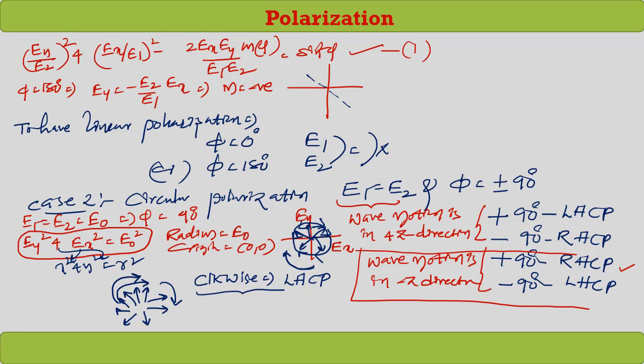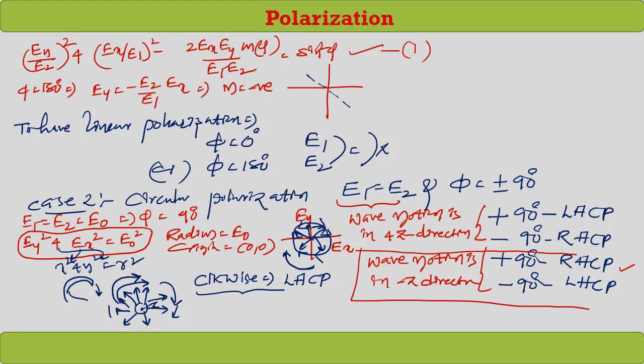So you can keep your left hand in this particular direction, with your left hand thumb in the positive z direction. And whatever the four fingers are there, those four fingers you can bend in such a way that they are oriented in the clockwise direction only. Okay, so your fingers will be like this.